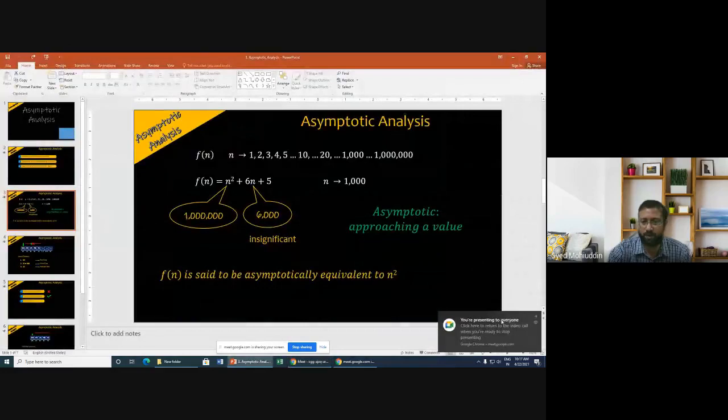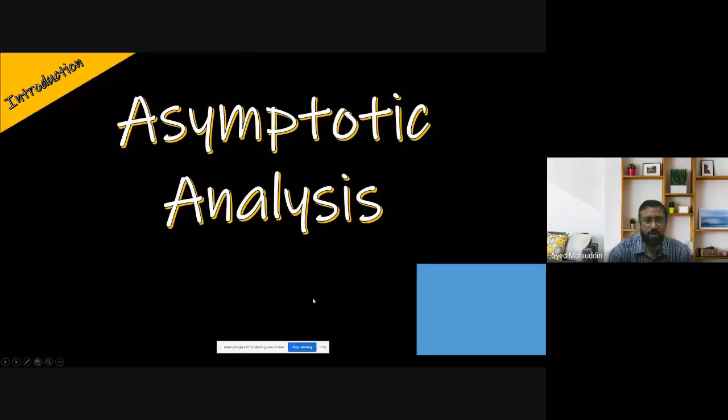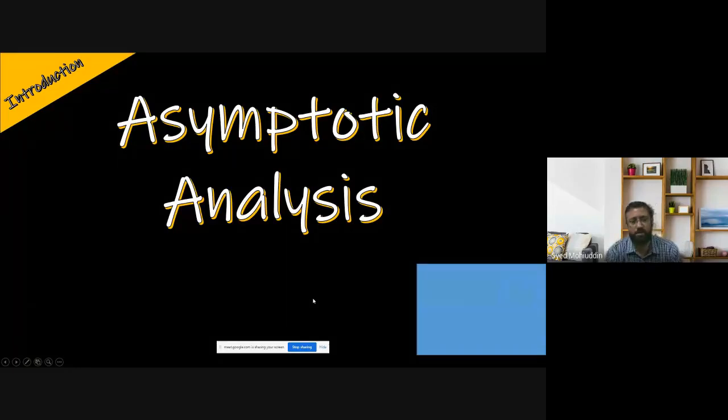Anyway, what we will do is go back to the asymptotic analysis and start from here. I'll just briefly go through. Normally, for every algorithm we have seen in the last session, we counted the number of steps each instruction takes.